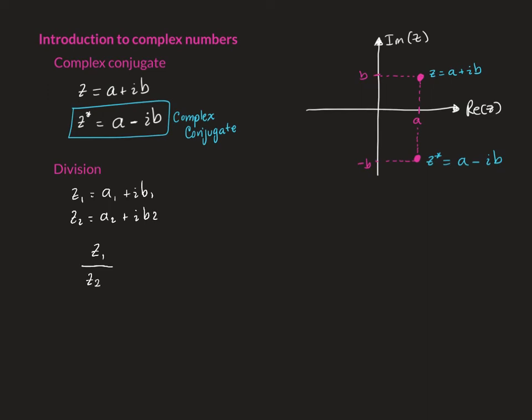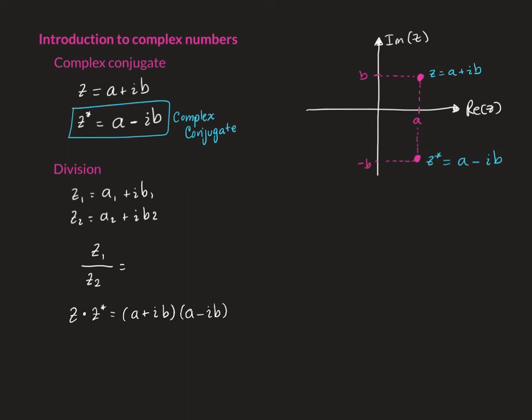Now, what happens in this expression is that we can't really calculate it. We need to substitute this operation with a process that we can actually do, and the complex conjugate will allow me to do it. So, if you look at the definition of the complex conjugate, you are going to be able to see a property. Say for the general number z, you want to multiply that by its complex conjugate. So according to what we have above, that is going to be a plus ib times a minus ib.